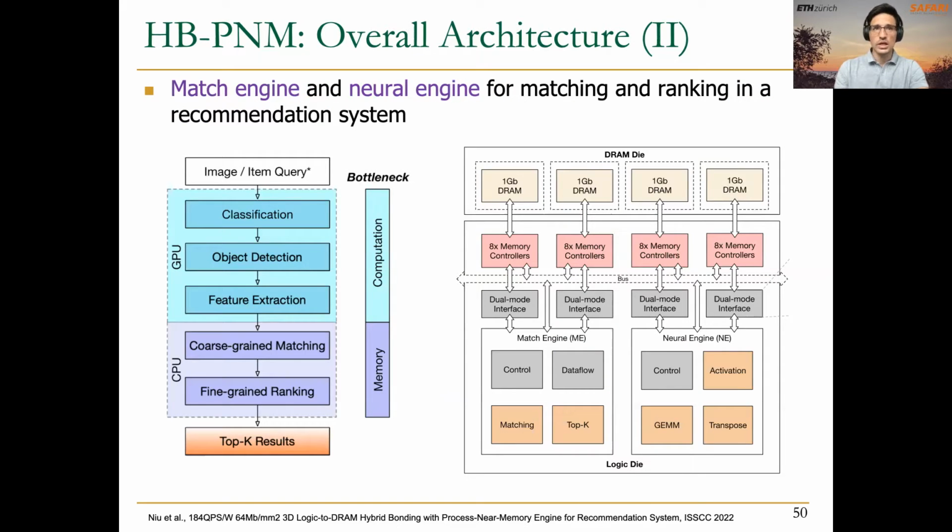As we will see in the next lecture, this coarse-grained matching, according to my understanding, is similar to the filtering that I mentioned in the beginning of the lecture. The filtering model is executed on the match engine, while the fine-grained ranking that corresponds to the ranking that we discussed in the beginning is executed in this neural engine. But we will see all the details in the next lecture.